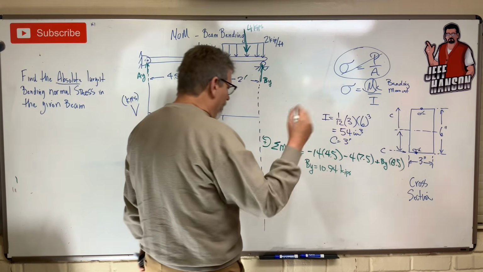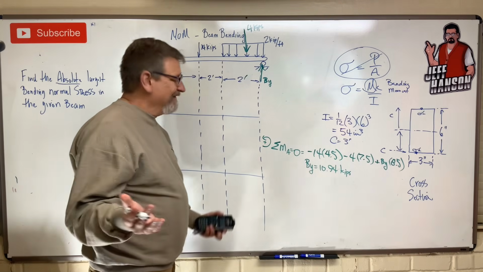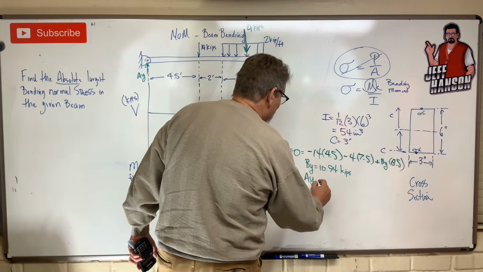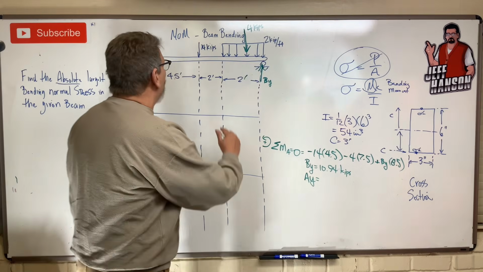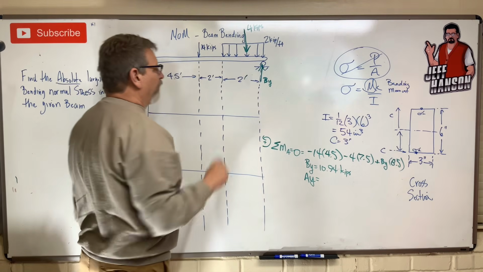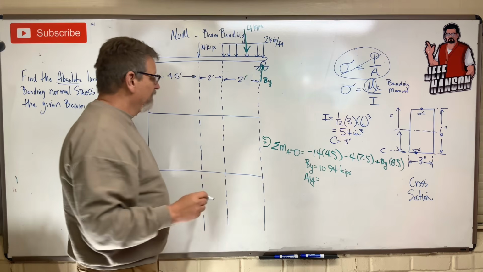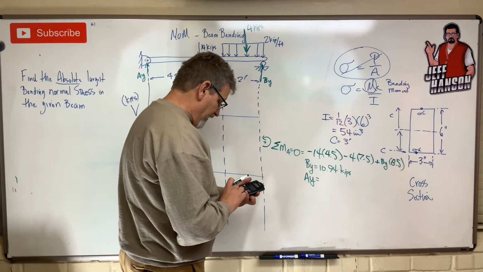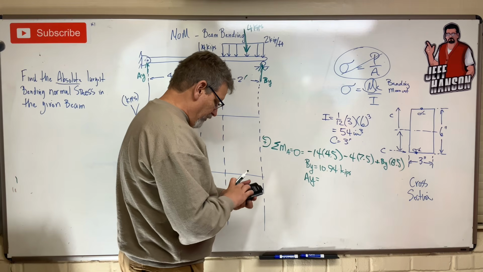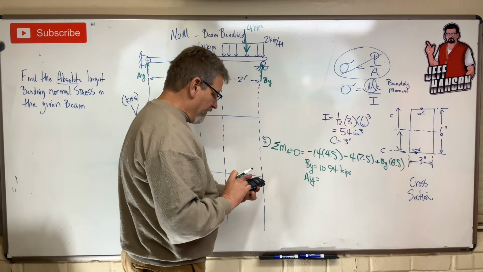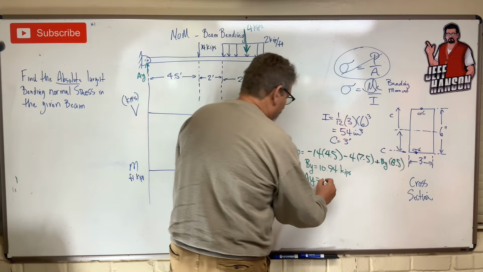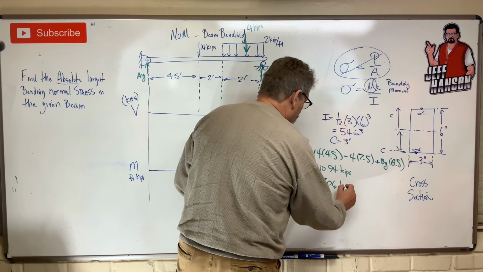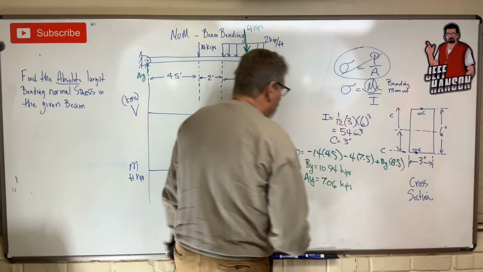Remember, up stuff equals the down stuff, right? That's the sum of the forces in the Y. So that means AY must equal what? What do I have going down? 14 plus 4, 18. So 18 minus that equals 7.06 left.